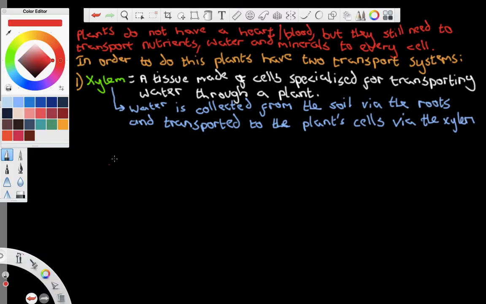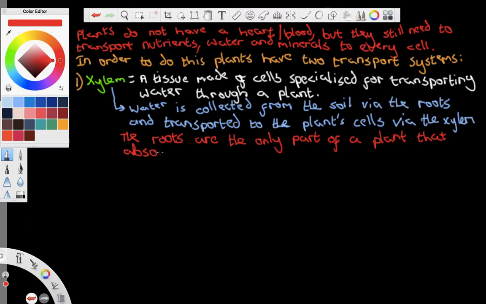So I'm just going to put in red, I'm going to put it in brackets, we'll say the roots are the only part of a plant that absorbs water, comma, the leaf cannot absorb water.